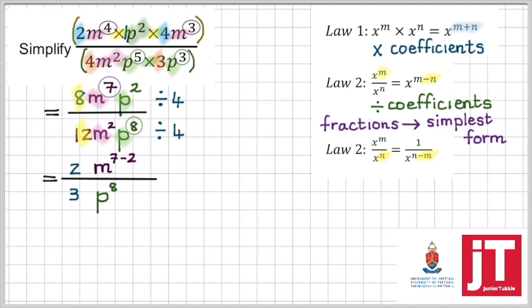So we bring p to the power of 2 down into the denominator, and we end up with p to the power of 8 minus 2. We can now simplify this expression further, and we end up with 2m to the power of 5, because 7 minus 2 is 5, over 3p to the power of 6, because 8 minus 2 is 6. And grade 9s, this is the final answer to this problem.